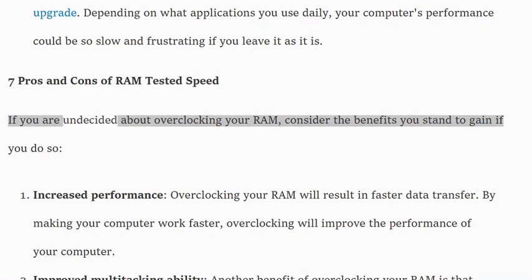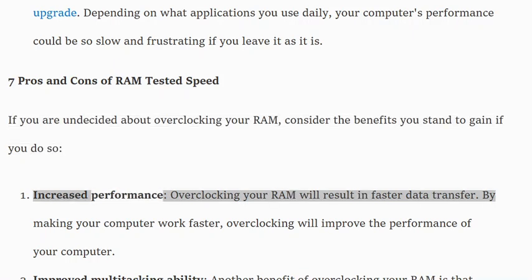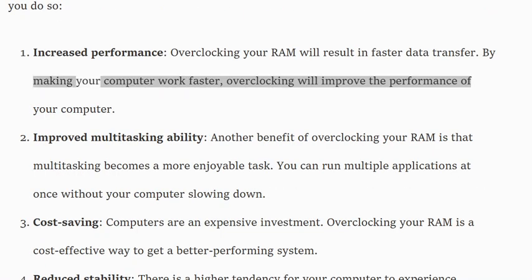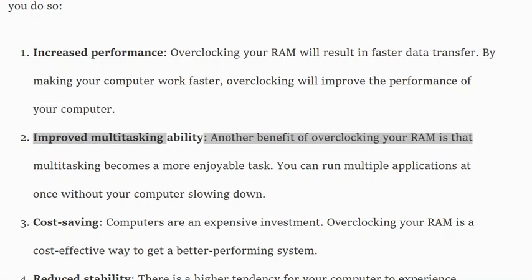Pros and cons of RAM tested speed. If you are undecided about overclocking your RAM, consider the benefits you stand to gain if you do so. Increased performance. Overclocking your RAM will result in faster data transfer. By making your computer work faster, overclocking will improve the performance of your computer. Improved multitasking ability.